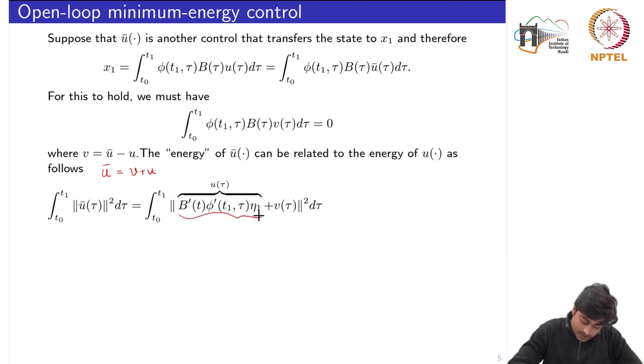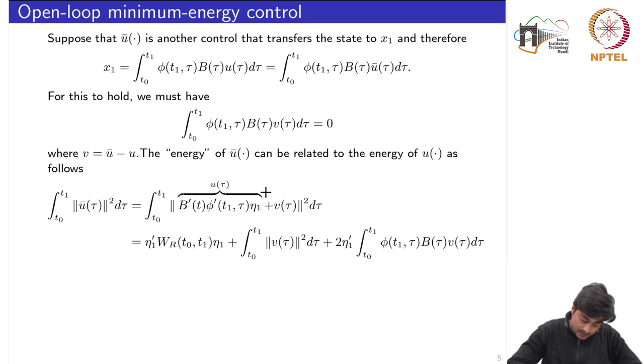So this is denoted by u plus v, and the norm square. Now if we open this norm, we would have the norm square of the first term, norm u square, plus norm square of v, plus twice of u into v.